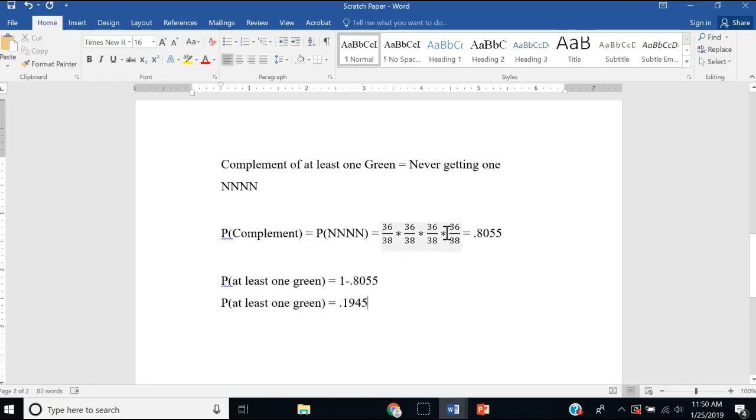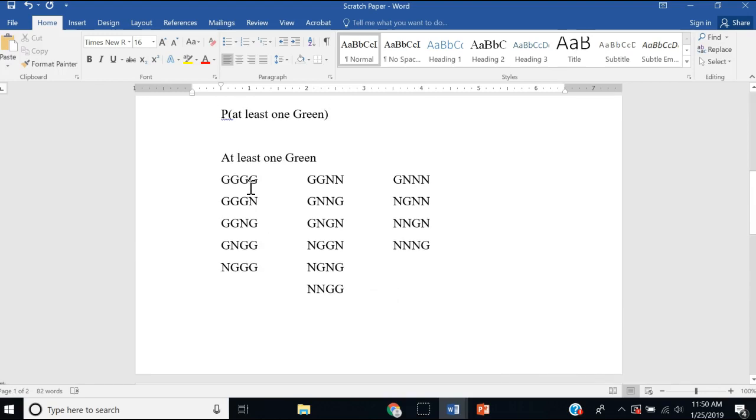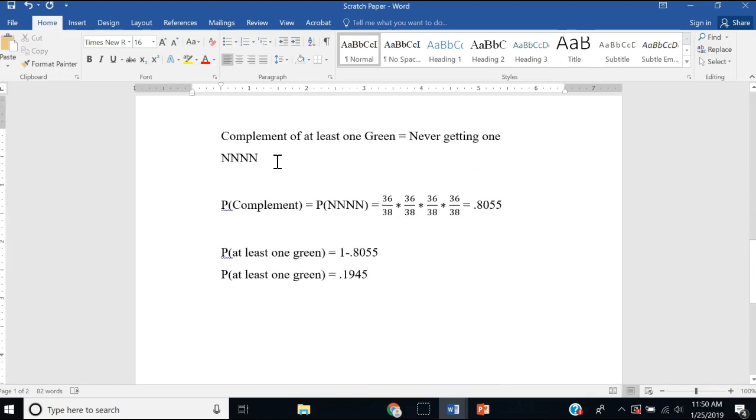Notice that this is just one multiplication and then 1 minus that result, rather than having to do 15 different multiplications, and then adding them all together. And by the way, that's one that you'll see, something about probability of at least one of something. You'll see that in a couple of different contexts.